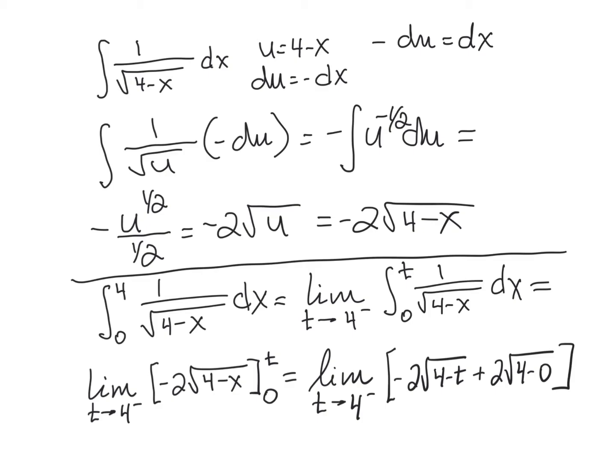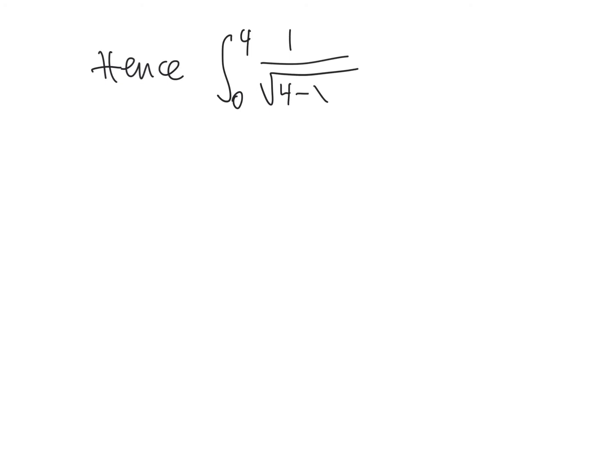And of course, as t approaches 4 from the left, 4 minus t approaches 0 from the right, and 2 times square root of 4 is equal to 4. So hence, the improper integral 0 to 4 of 1 over square root 4 minus x dx converges to 4.